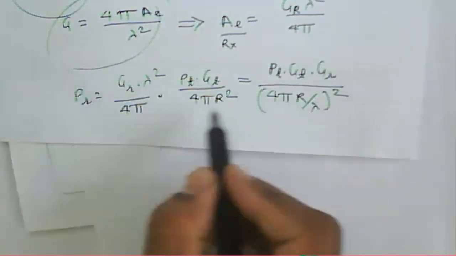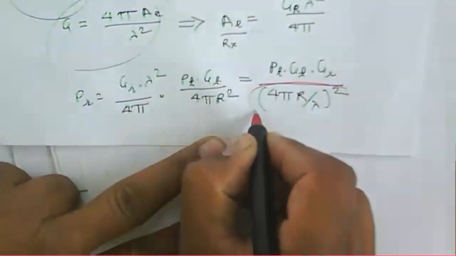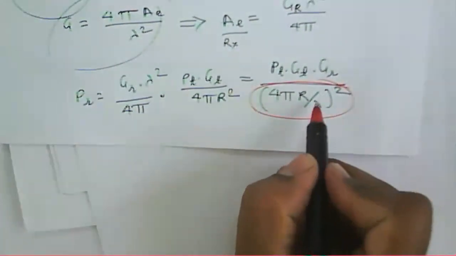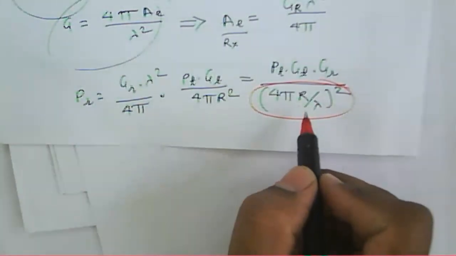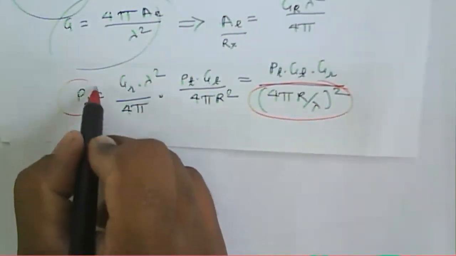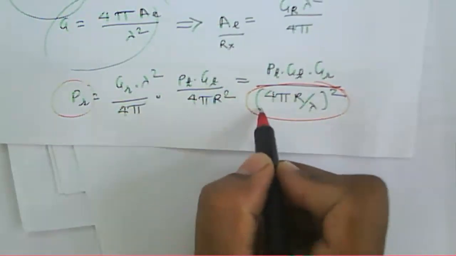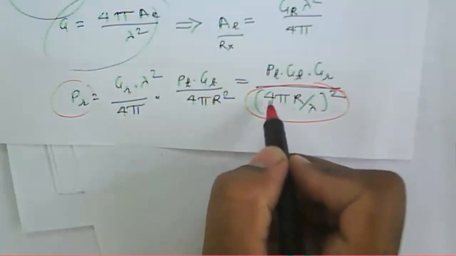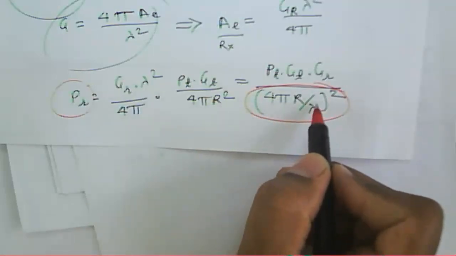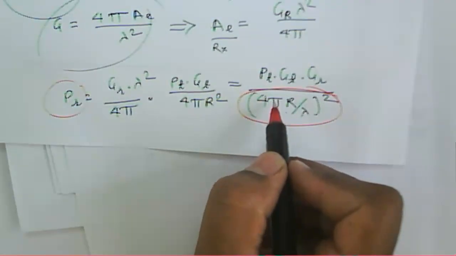Now your received power is depending upon this particular factor. Received power is depending upon that distance r as well as the wavelength here. Means received power will be reduced by using this factor, this 4 pi r by lambda bracket square. Means your received power can be reduced by this particular term.